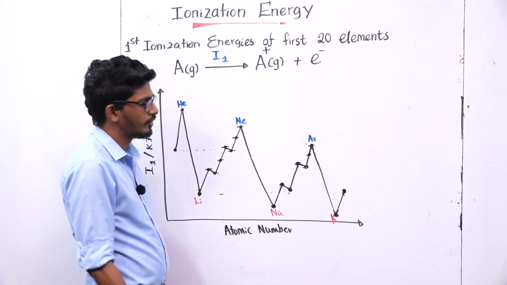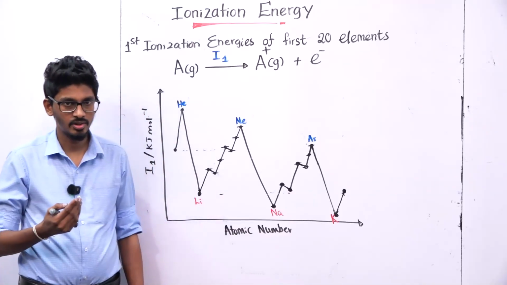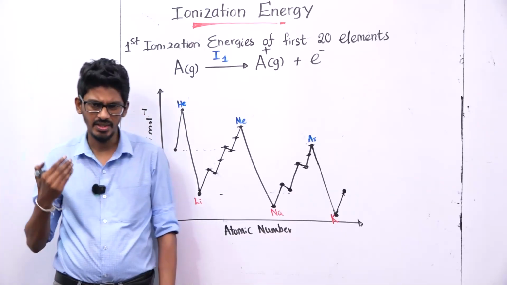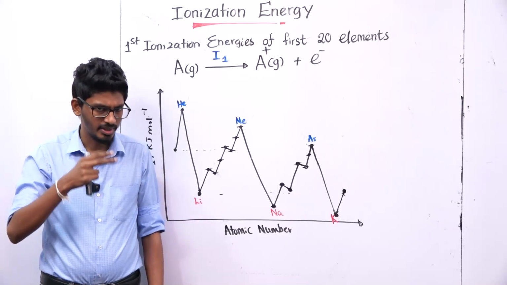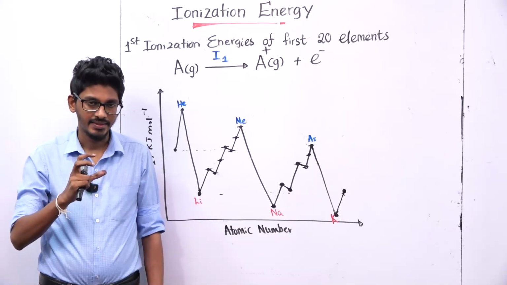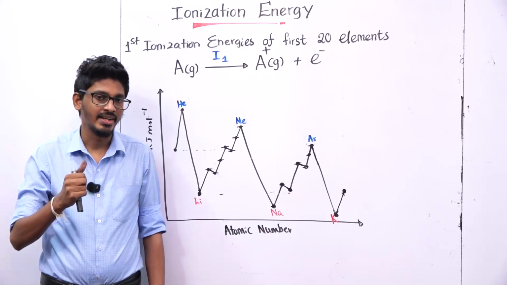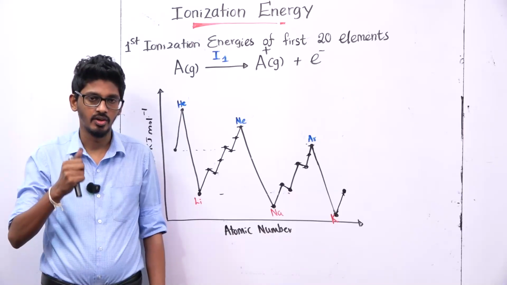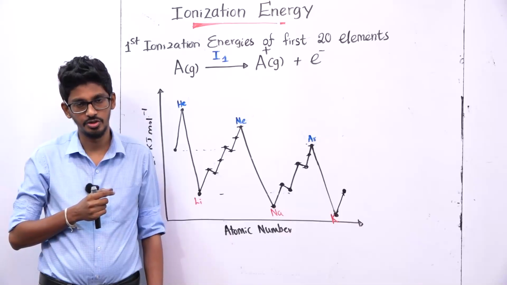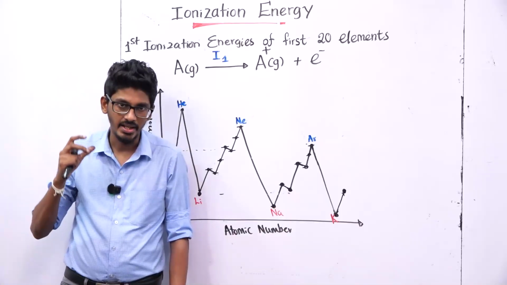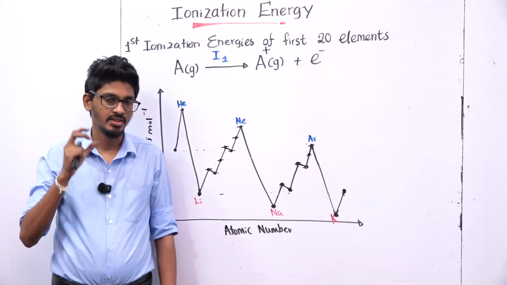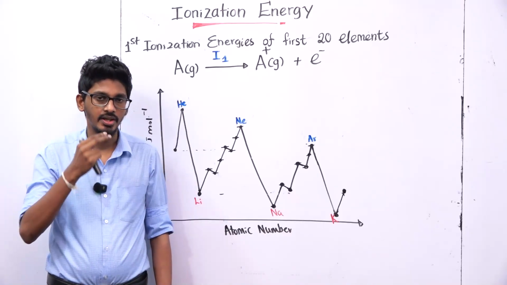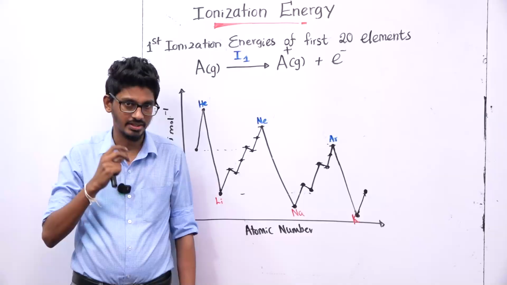When discussing ionization energies along a period, we said the group 1 element is always with the lowest first ionization energy, and the group 18 element is with the greatest.